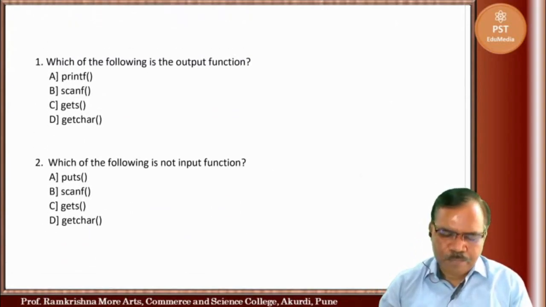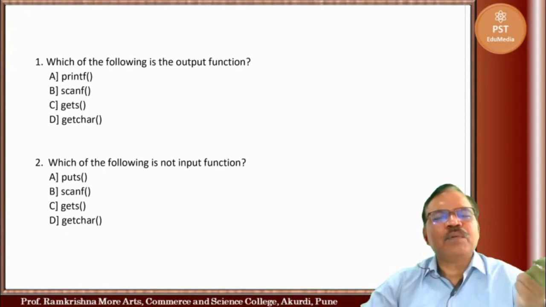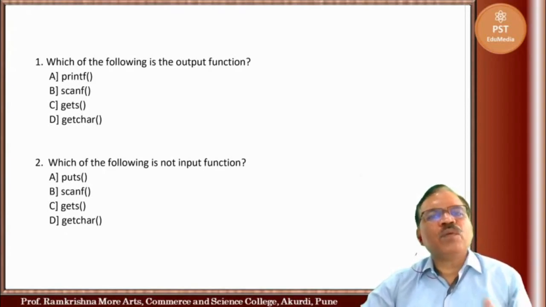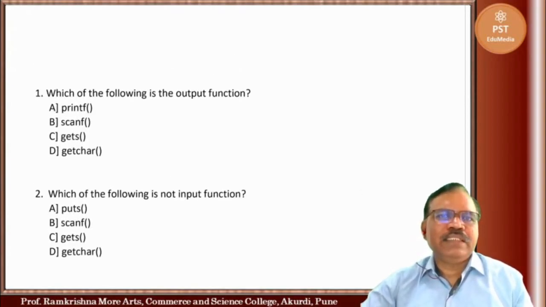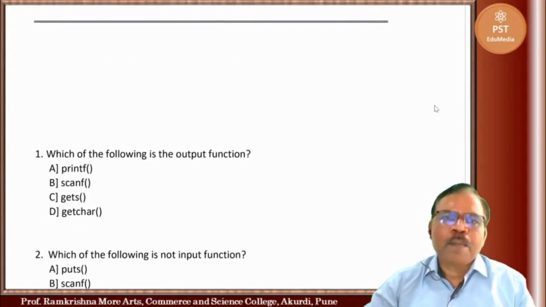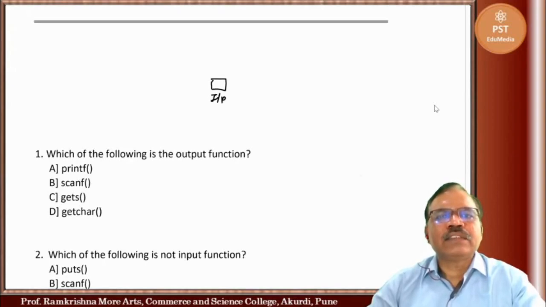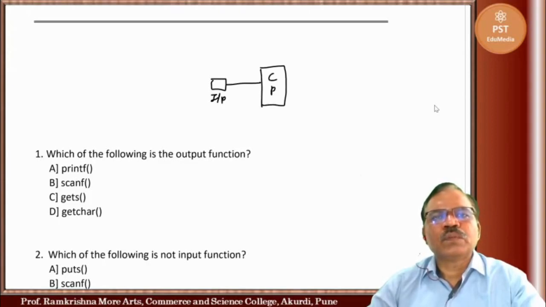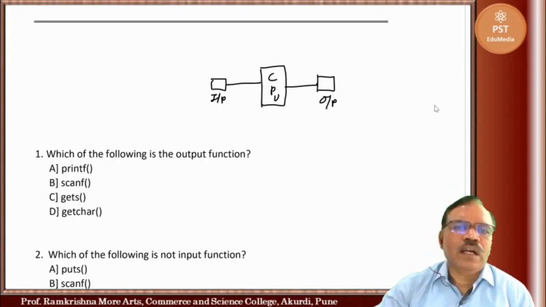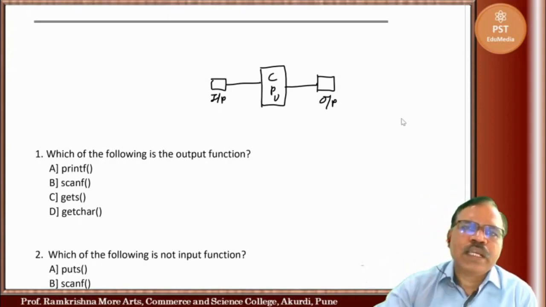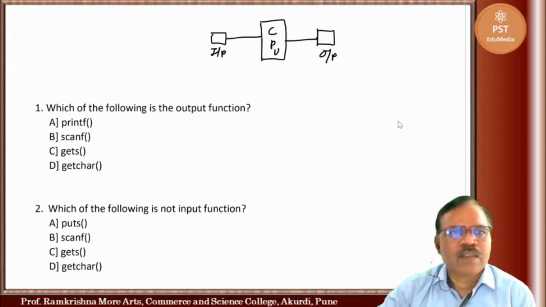In a C program or in any program, we give input, we take output. Means in general, we have input devices, then we have CPU, and then we have output devices. So some functions are used to get output on the screen.